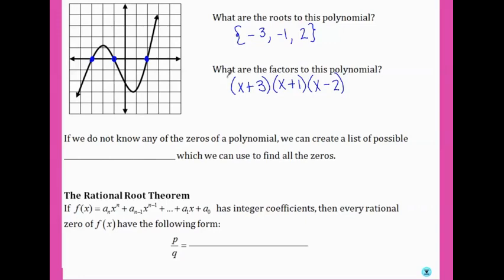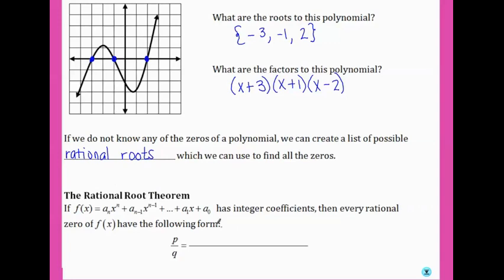Now for this polynomial, we could see the roots off the graph, but if we don't know any of the zeros or the roots, we can create a list of possible rational roots or rational zeros, which we can use to find all the others.